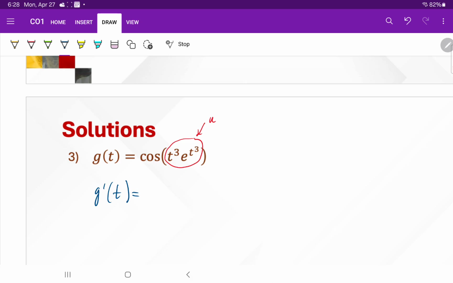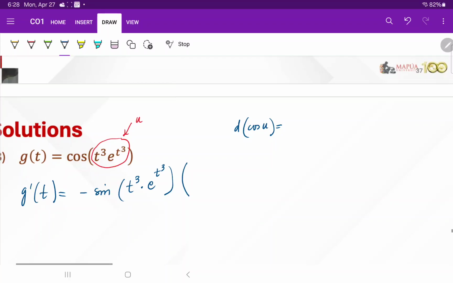Cosine u, so you have derivative of cosine is negative sine of u, which is t cubed times e to the t cubed, times the derivative of u. Again, what's the derivative of cosine u? It's negative sine u du dx.